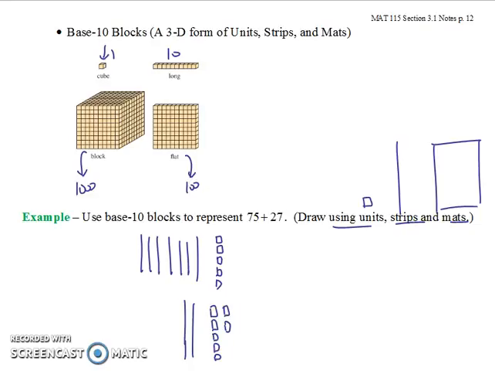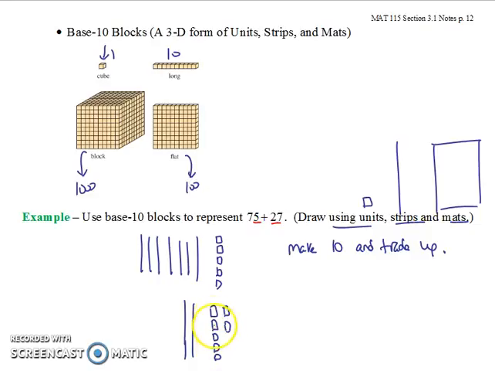And then I'm going to trade. Anytime I make 10, I trade. So I have 10 of these blocks because I can't say 12 ones. We can only put one digit in the ones place. So I can't say 12 ones.